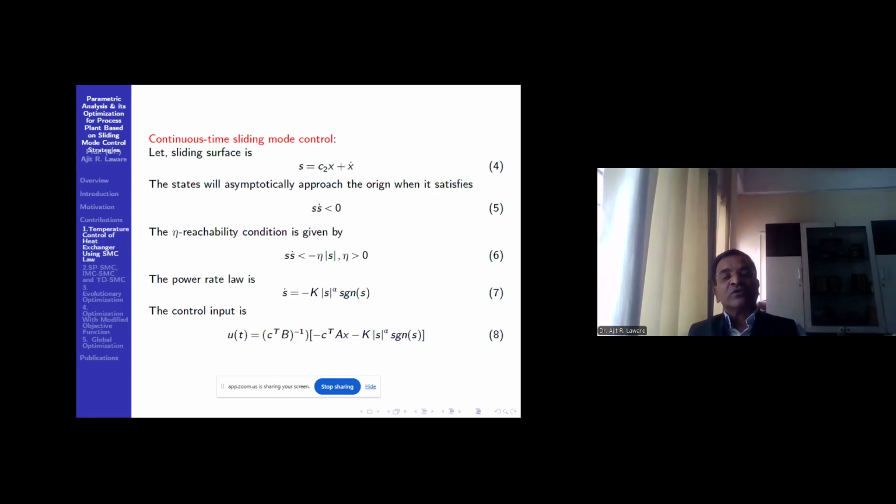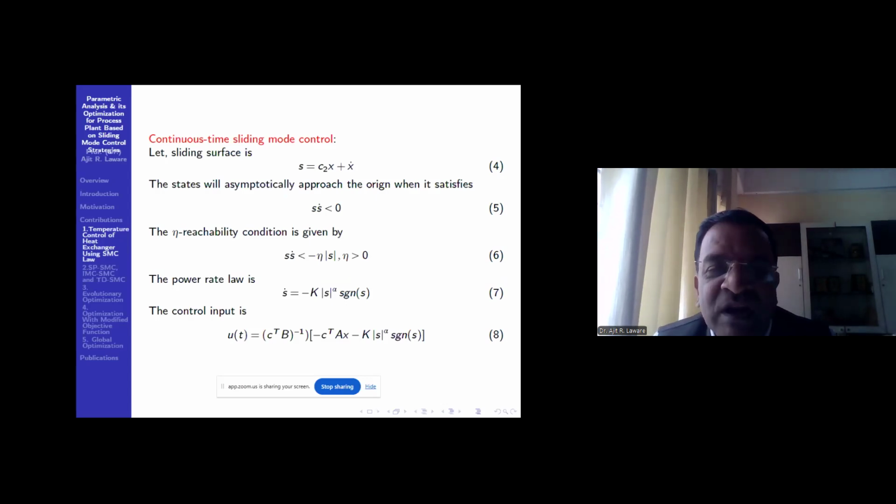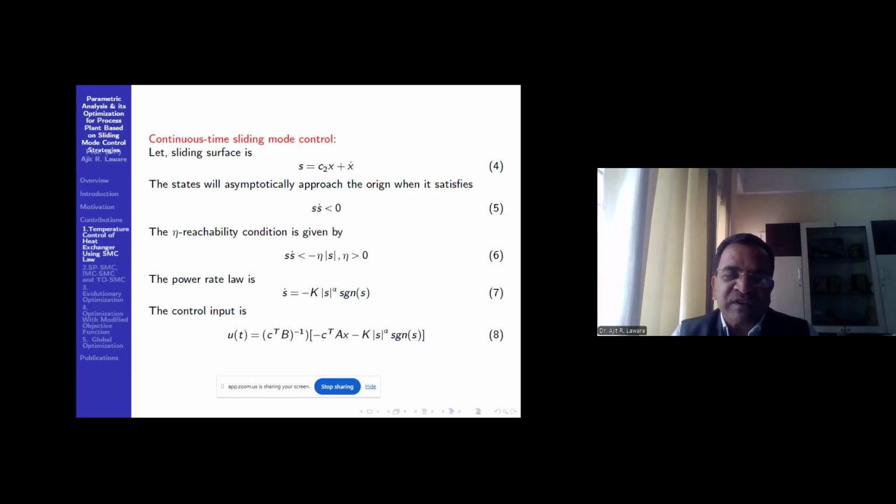So here S equal to C2 x plus x dot, and this is the linear sliding surface, or you may use S equal to C transpose x, where C transpose is C1 and C2. So here, S dot, equation 5, indicates the reachability condition as minus eta mod of the sliding surface.